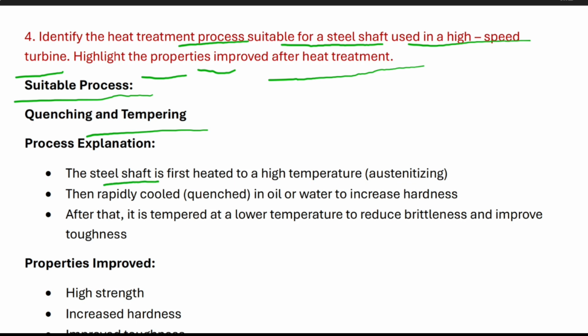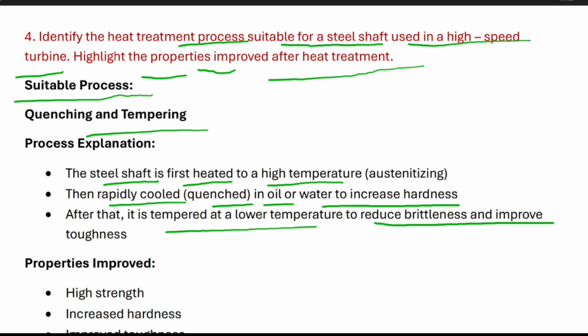First the steel shaft is heated to the required temperature. Then we do rapid cooling, quenching with oil or water to increase the hardness. After that, it is tempered at a low temperature to reduce the brittleness and improve the toughness of the material. This is the process.